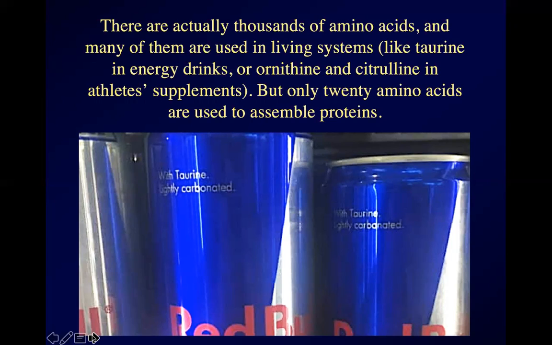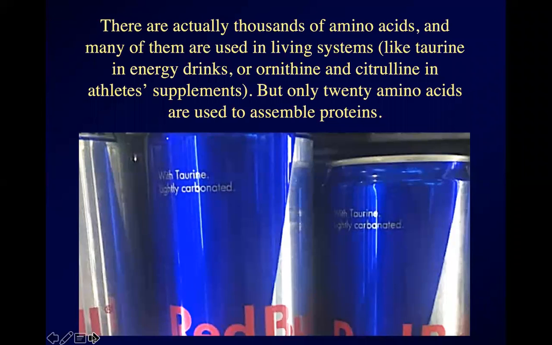Anybody who is into athletics might know about supplements with compounds called ornithine and citrulline. You can buy these at the general nutrition centers, these stores that sell nutritional supplements and things like that. I don't really know how effective they are.